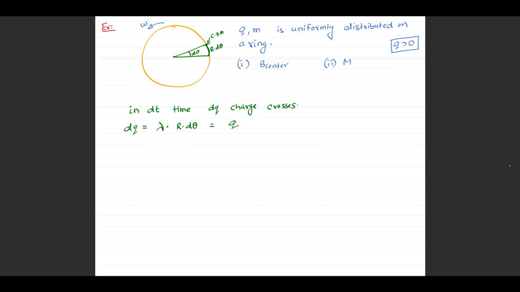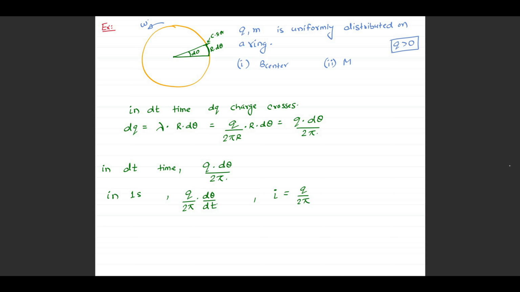Charge per unit length is total charge by total circumference, into length of the arc r d theta. So this is q into d theta by 2 pi. So in dt time, q d theta by 2 pi charge flows. In 1 second then, the current will be, d theta by dt can be written as omega.